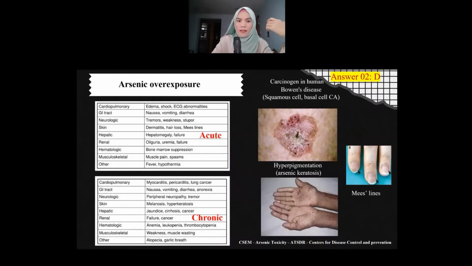What I want to emphasize is that arsenic is a carcinogen in humans. It causes Bowen's disease, squamous cell carcinoma, or basal cell carcinoma.